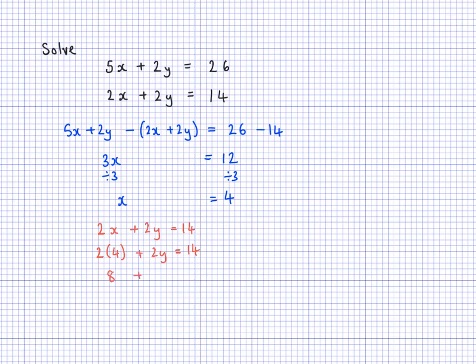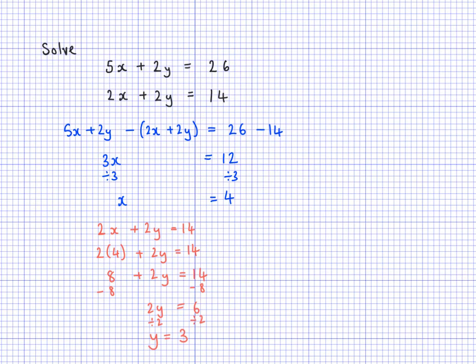So 8 add 2y equals 14. Take away 8, take away 8. 2y is equal to 6. And then divide by 2 and divide by 2. I will get y is equal to 3. Okay, so for these simultaneous equations, x is equal to 4 and y is equal to 3.